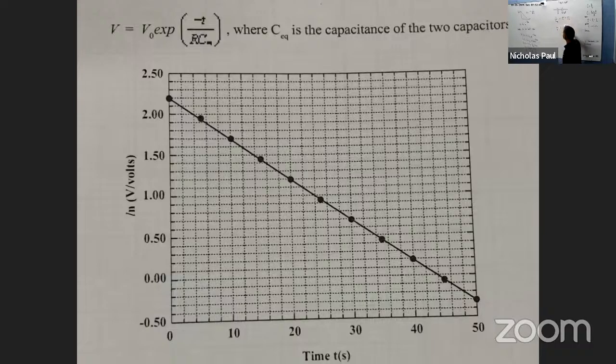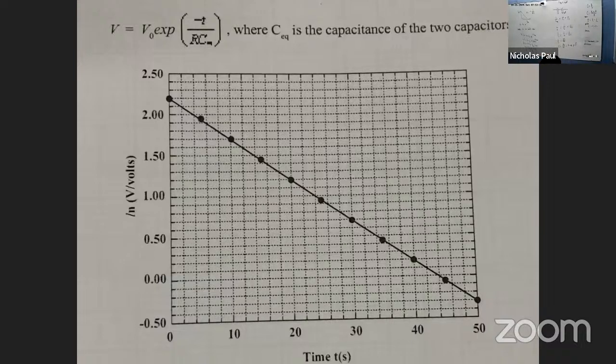So 1 on 2 is equal to 1 on C plus 1 on 4.7. Carry it across, you'll get 1 on C is 1 on 2 minus 1 on 4.7, which gives 27 on 94. So C is equal to 94 on 27, which is 3.48 microfarads.